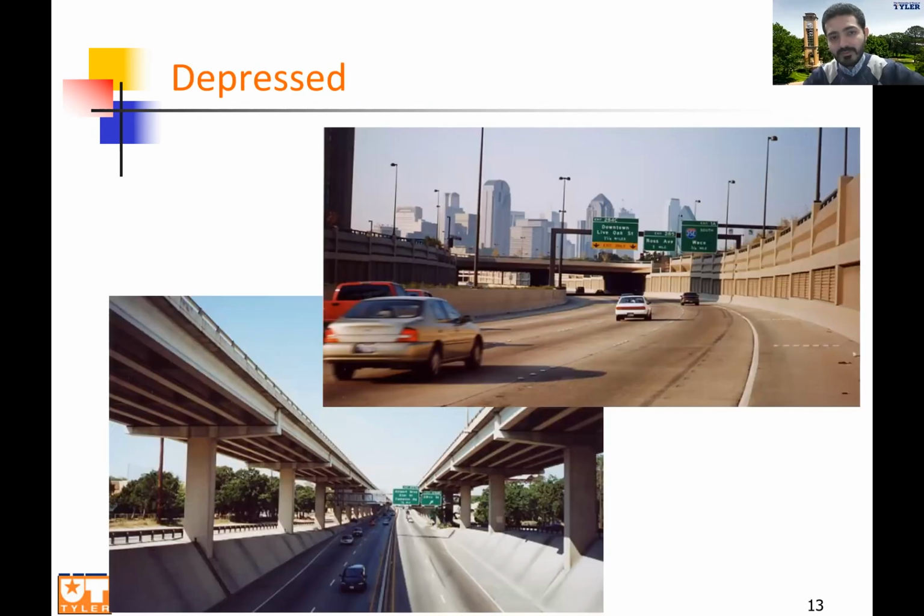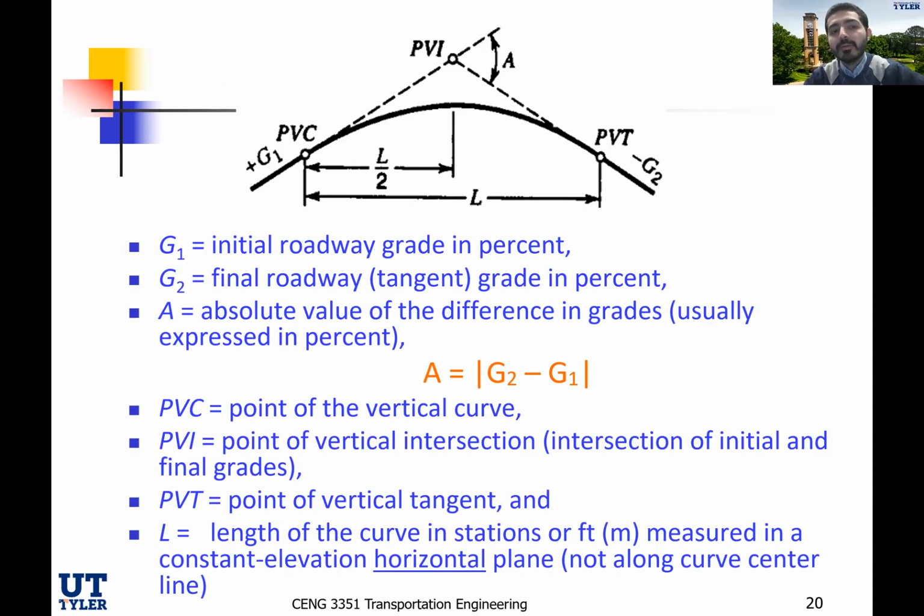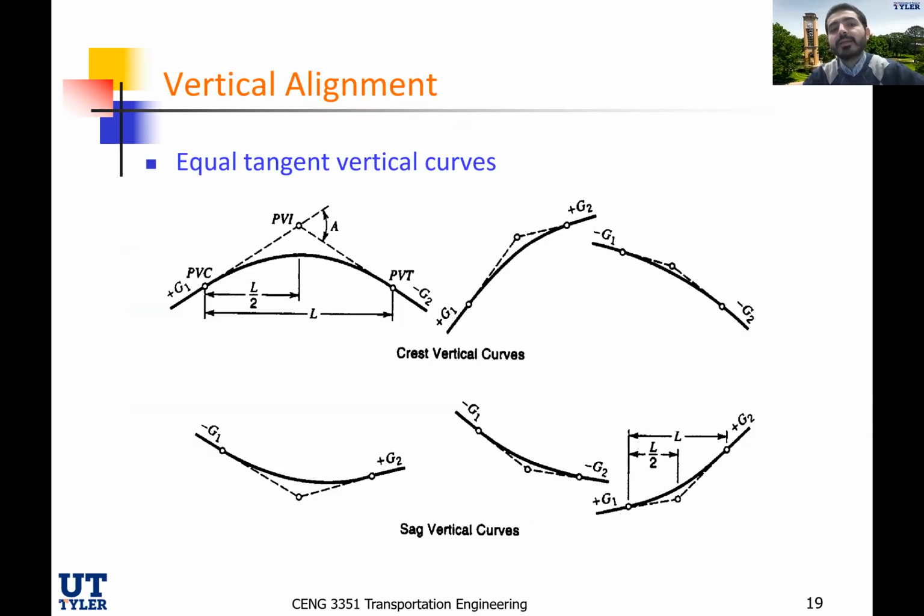Lots of pictures, and then we arrived at the vertical alignment. For vertical alignment, I'm expecting you to know where the PVC, the PVI, and the PVT are. I'm not going to draw that for you. I'm just going to explain, okay, the beginning of the curve, or the PVI station is this, or the PVT station is that. And then you should be able to do like what we used to do in statics, a free body diagram.